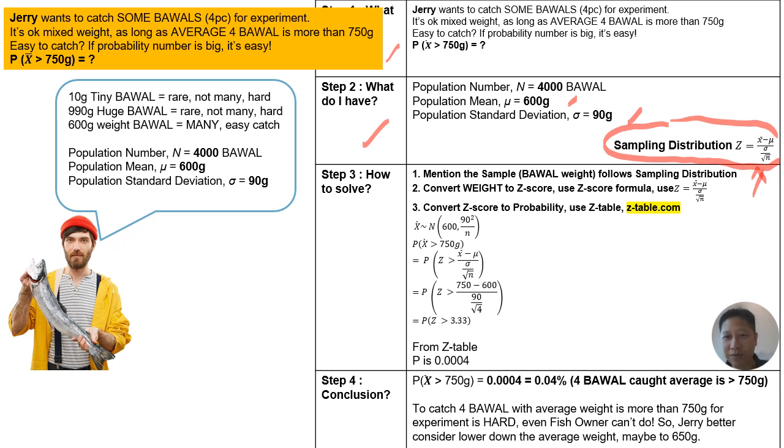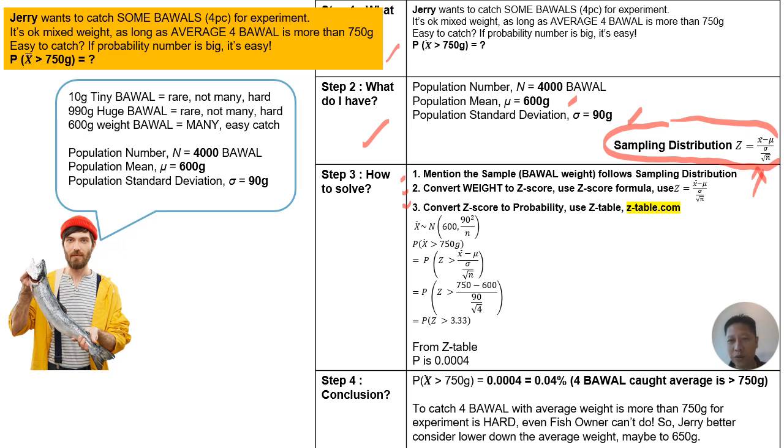Step 3, how to solve, how to find the probability number. We're going to follow the 3 steps here. The first one, we want to mention that this problem is modeled under the sampling distribution model.